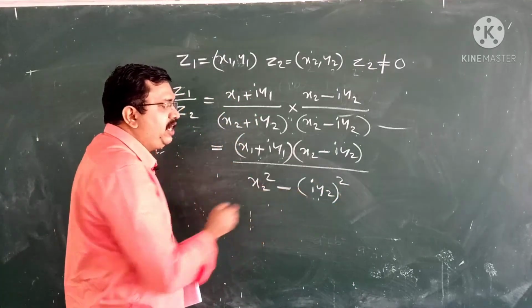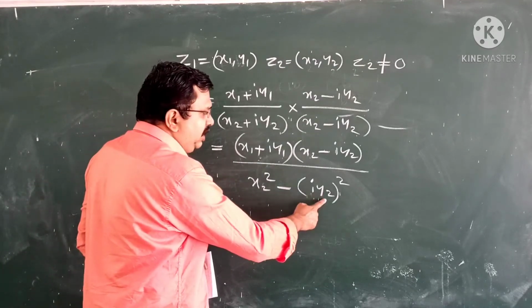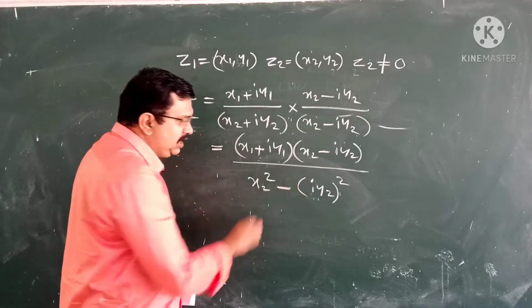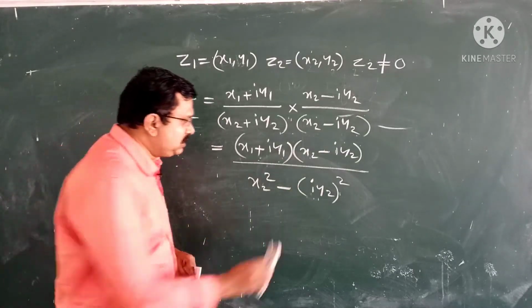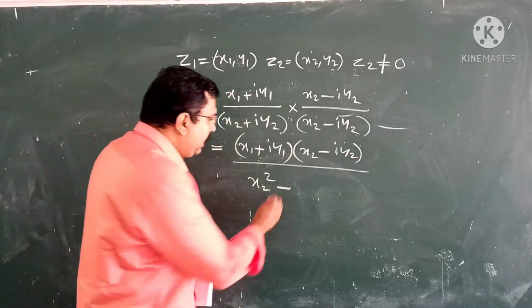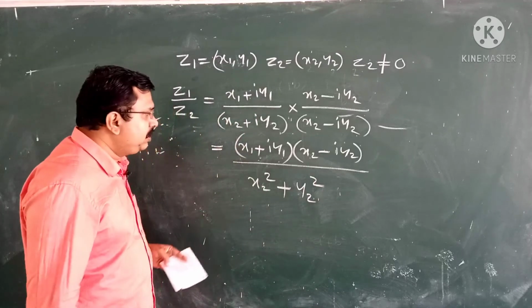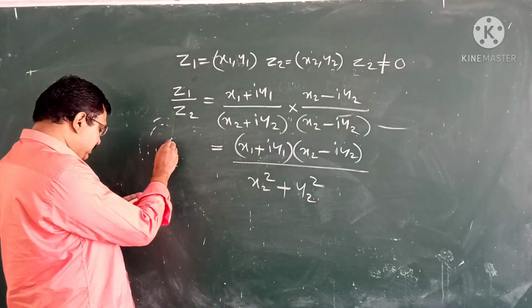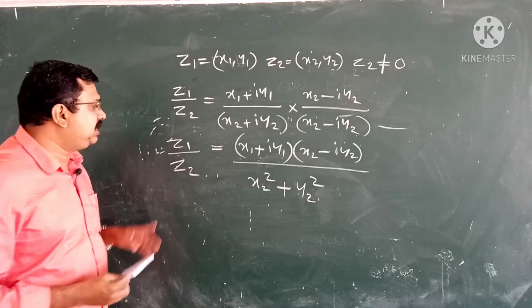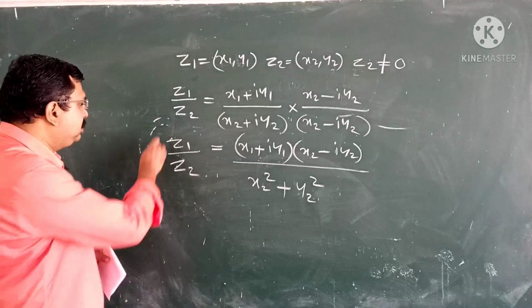What is i square? i square is minus 1. Minus 1 into y2 square, that is minus into minus, which becomes plus. Therefore, this can be written as plus y2 square. Okay, this is how z1 divided by z2 is calculated.